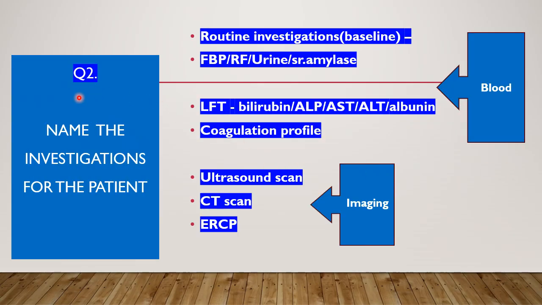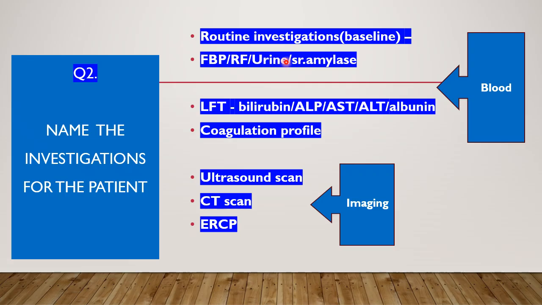Name the investigations for the patient. So for the patient, we do routine investigations as baseline, and in particular we do a full blood picture, looking especially for leukocytosis. Renal function, look for evidence of renal failure because of hepatorenal syndrome.